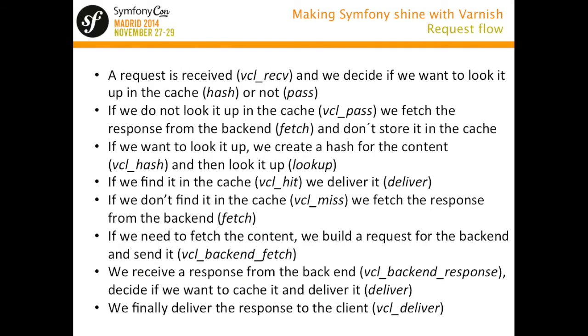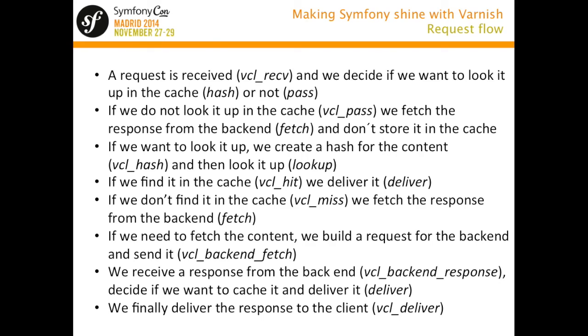So for example, we are Varnish and we receive a request. And the first thing we want to do is decide if we want to look it up in the cache or not. If we do not look it up in the cache, we pass it directly to the backend. And if we do that, we do not store it, because we have decided this is something we do not want to find in the cache, so we do not store it when it's returned back.